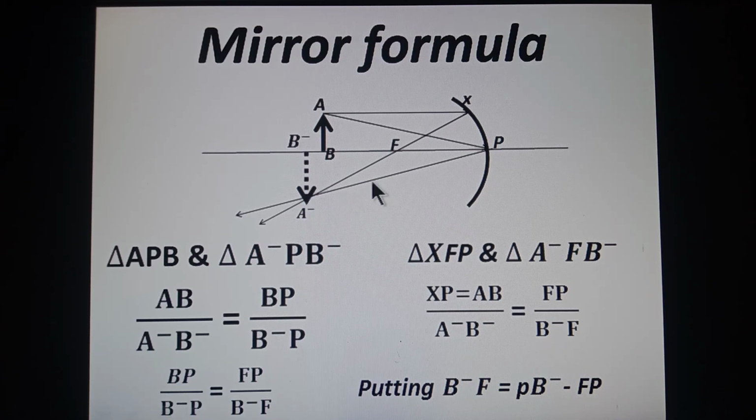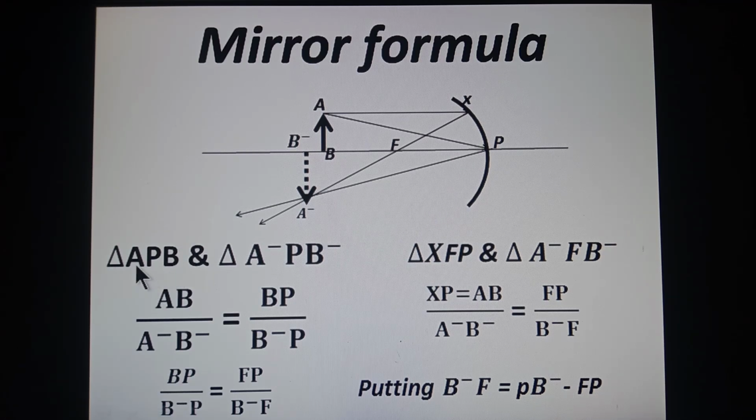Students, from the diagram, there are two triangles. One is PAB and the second is PA prime B prime. These two triangles are similar, so the ratio of two sides is always equal to the ratio of two other sides.